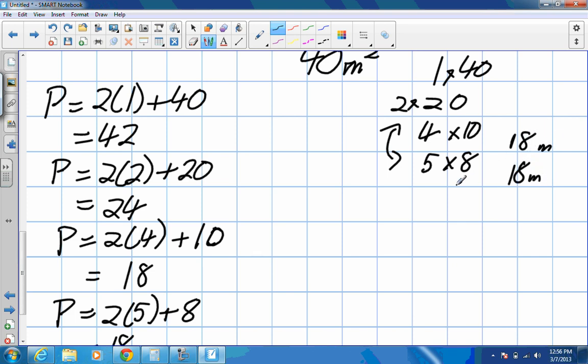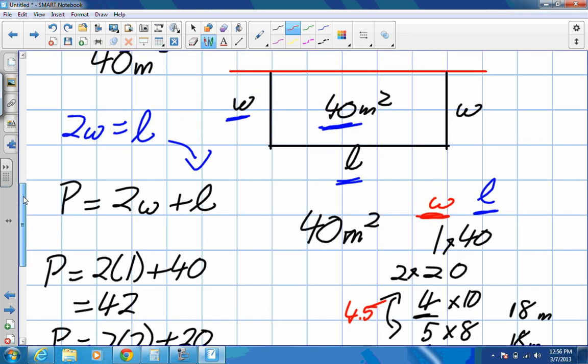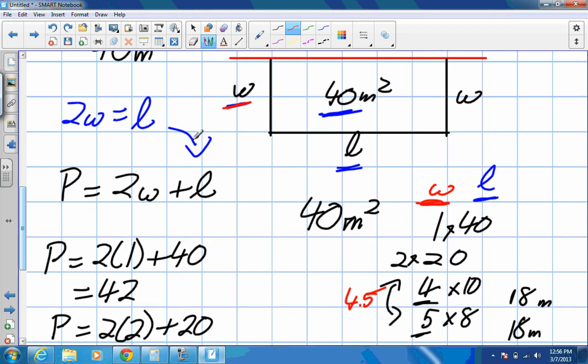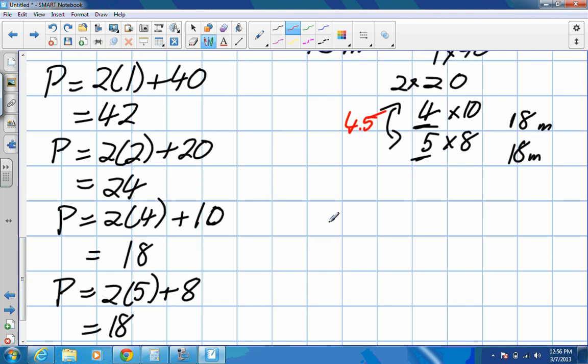So what would be a value kind of in between that? What would be in between 4 and 5? 4.5. Let's try right in the middle there. Okay, so we're doing some estimation to figure this out. If we have 4.5 as a width and our area is 40, so let's take that value. We know our width is 4.5, and we know area is equal to length times width.